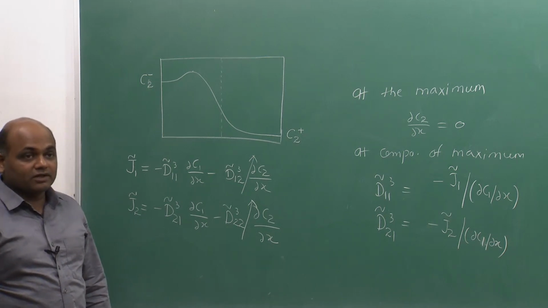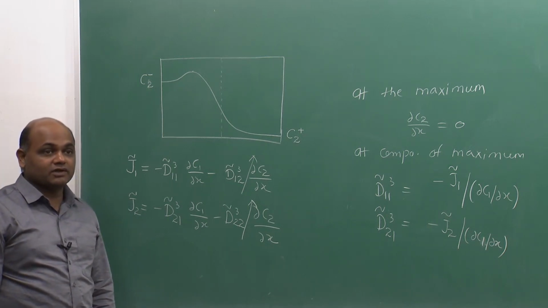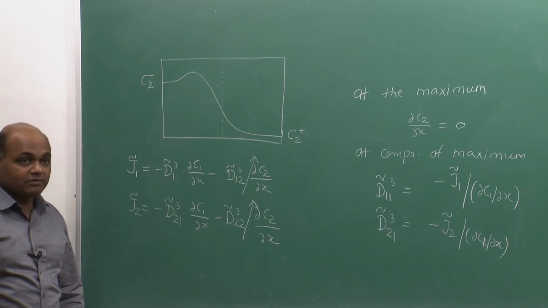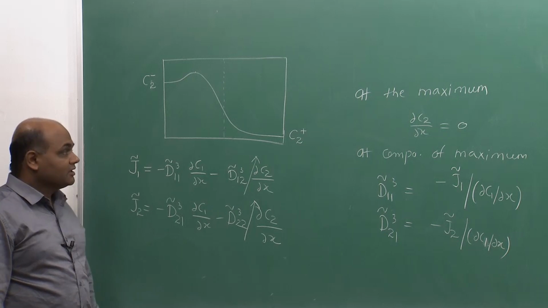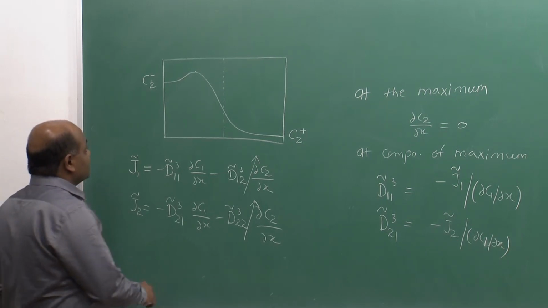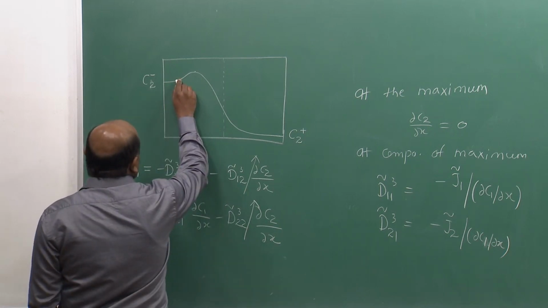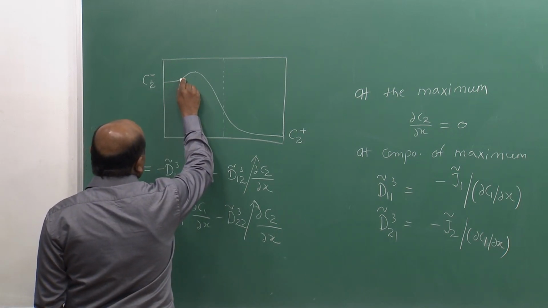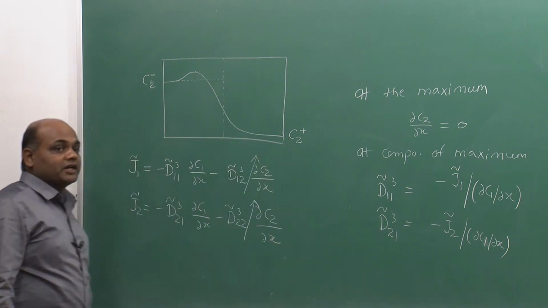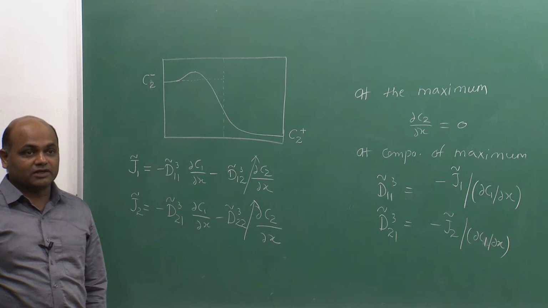Also, we have talked about ZFPs or zero flux planes yesterday. These are also important from the point of view of understanding the interdiffusion coefficients here. So, let us say we know how to determine the zero flux plane. If there is a minimum or maximum, we expect that there may be a zero flux plane.